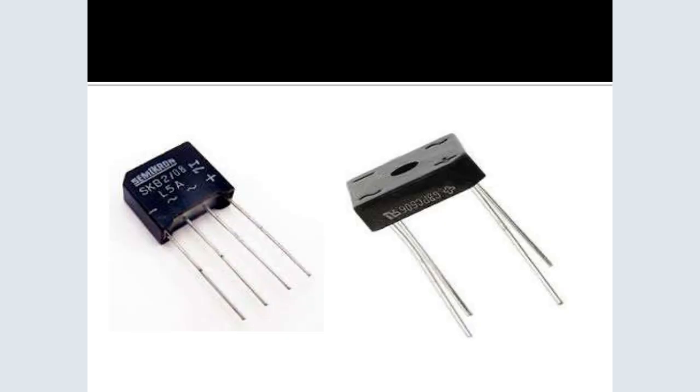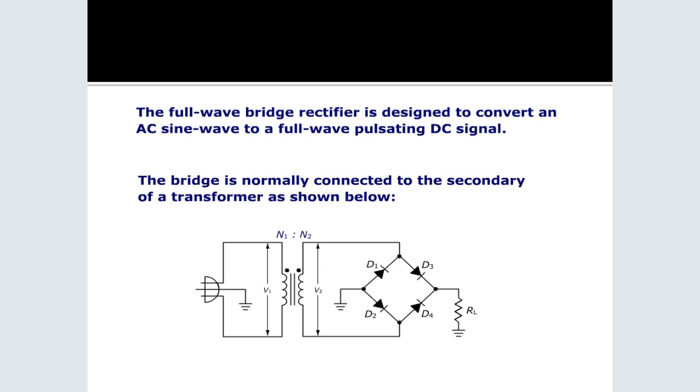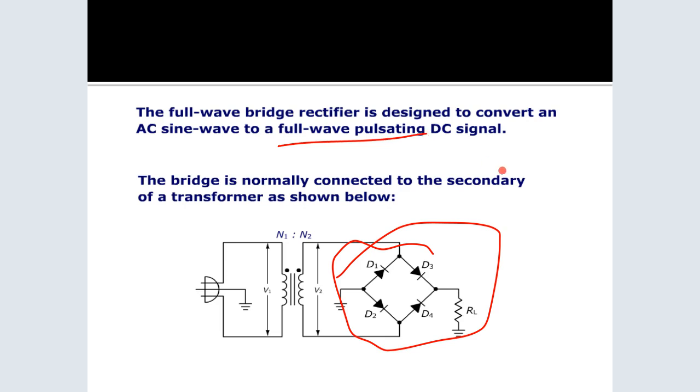So let's look at the bridge briefly. That's the device. What's the difference? It's the number of diodes here. This presents a full DC signal from the incoming AC sine wave.